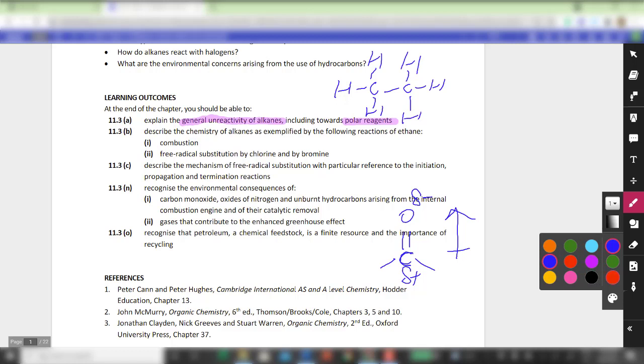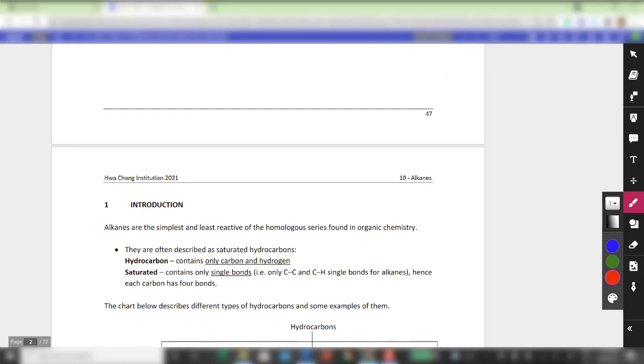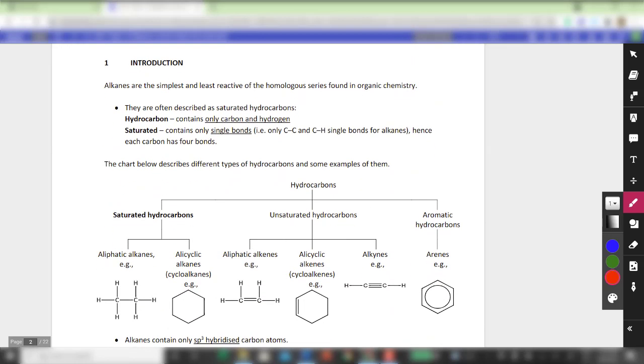This is the first time you'll be introduced to the mechanism, and this is probably the only time you'll be drawing mechanism using half arrows, or fishhook arrows, which represent single electron movement. So we'll move on to the first portion on introduction.